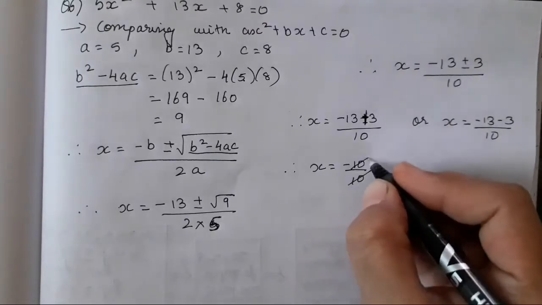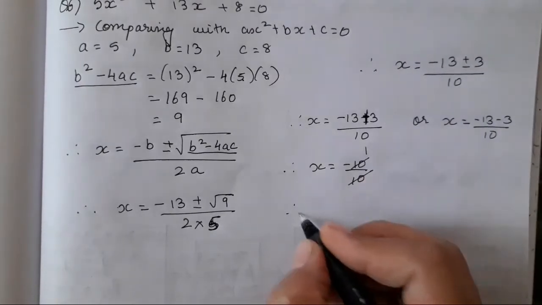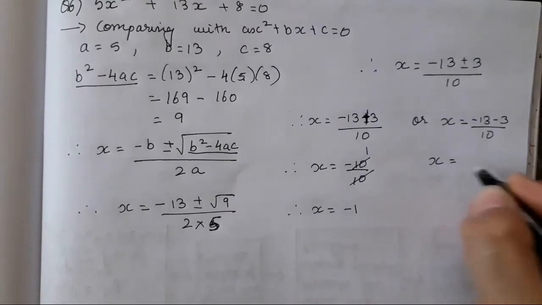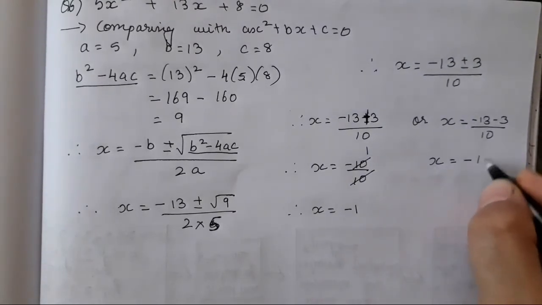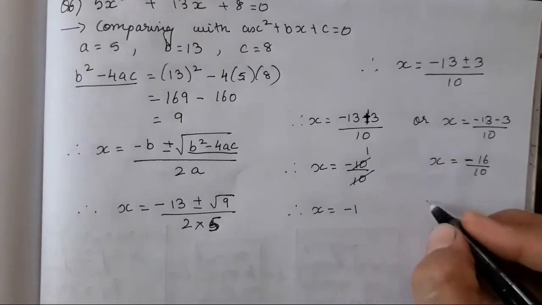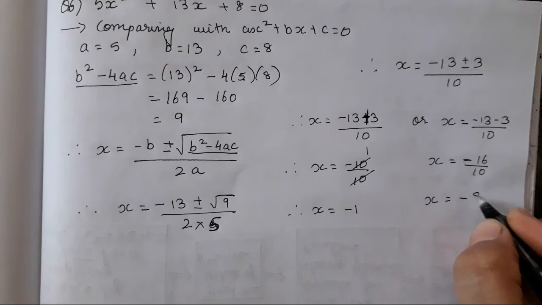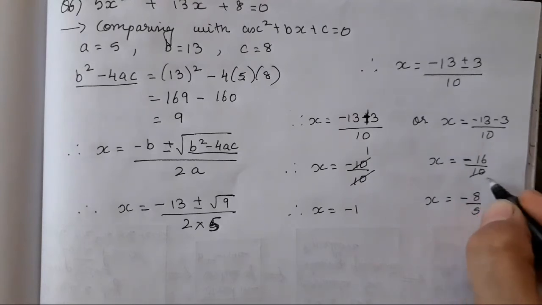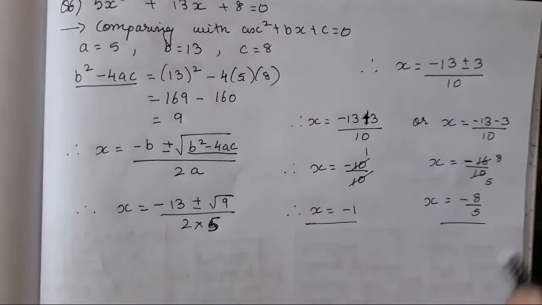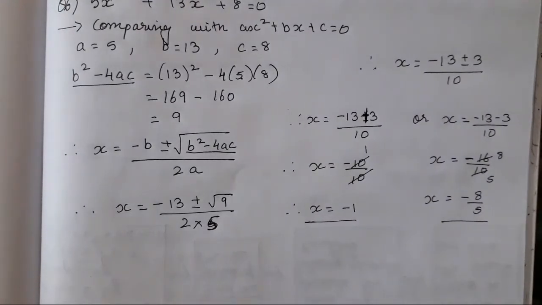Okay, so 10 ones are 10. Therefore, x is equal to minus 1. Same over here, x is equal to minus 16 upon 10. Therefore, x is equal to minus 8 upon 5. 2 eights are 16. Okay, so both the roots you all have got.